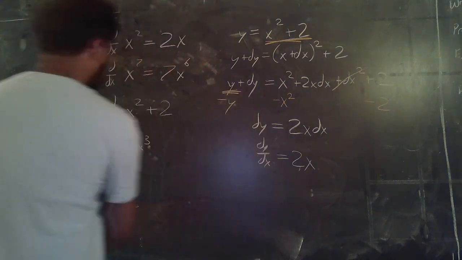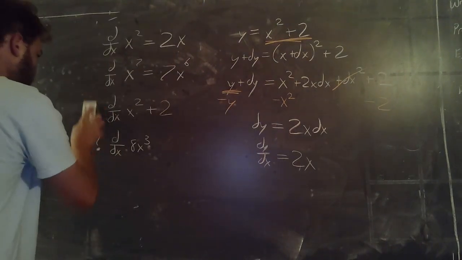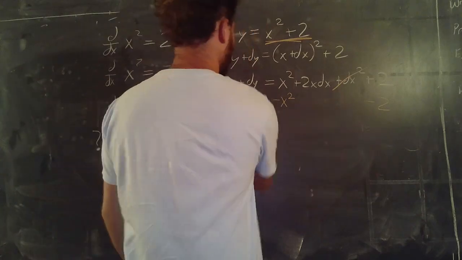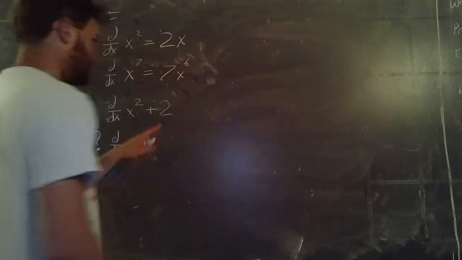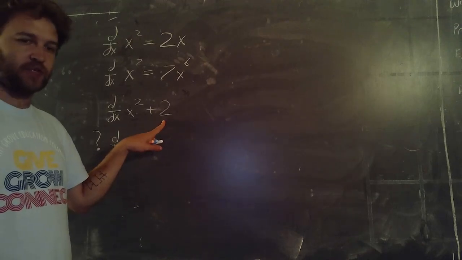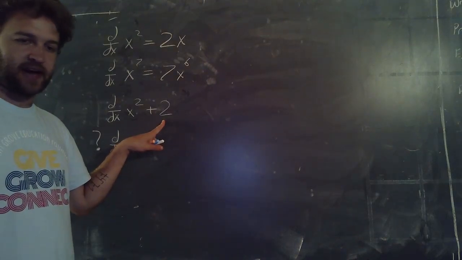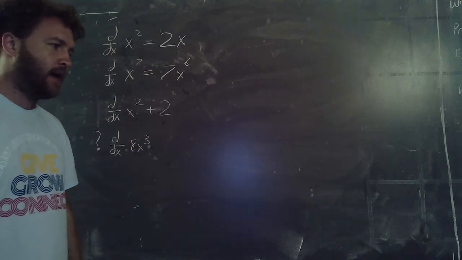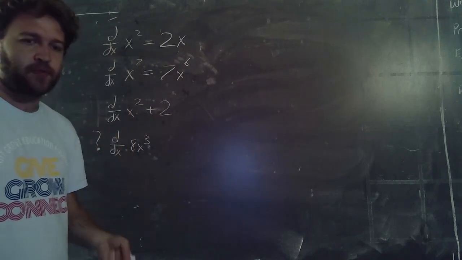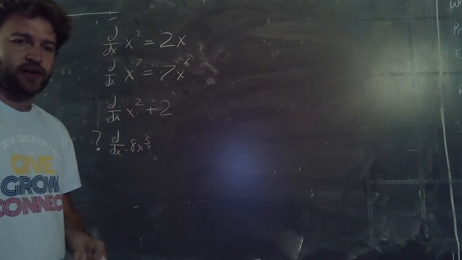Okay, so what that implies for us is that whenever we have constants on the end, plus 2, minus 1, minus 7, plus 8, plus a half, plus 3/5, anything like that, we can just drop them off according to the general power rule.